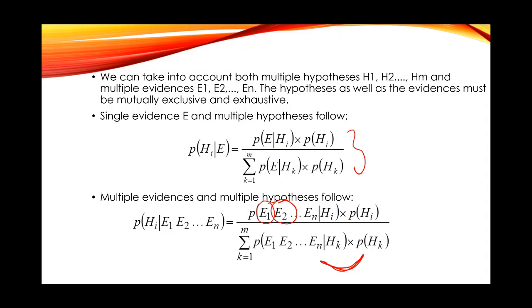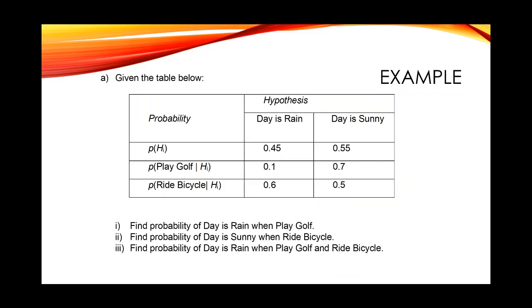I think it must be quite confusing here if we don't take a look at the example. So this is the example. You were given a table here. This is the final question. You have the hypothesis whether the day is rain or the day is sunny, given that you have played golf or ridden a bicycle.